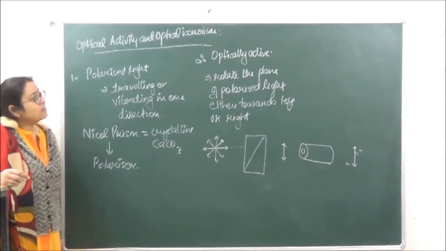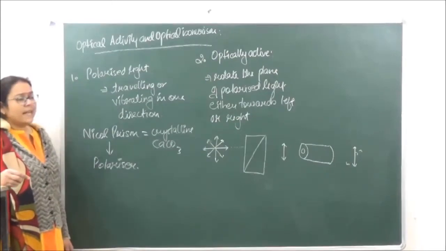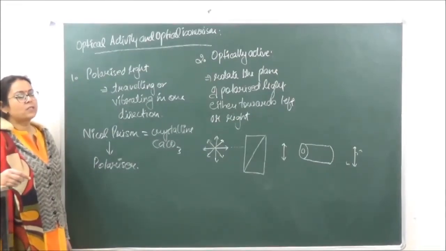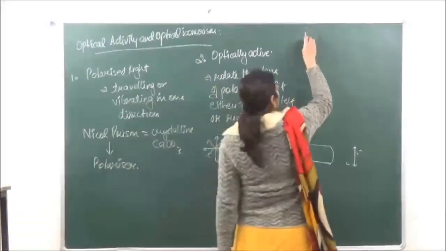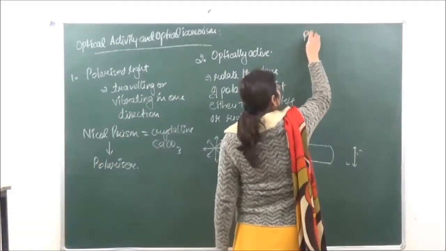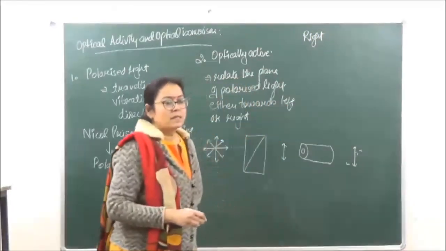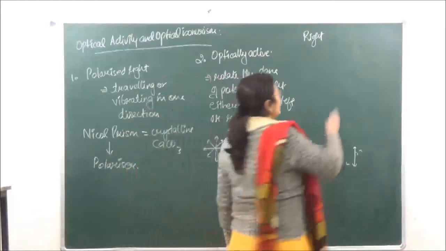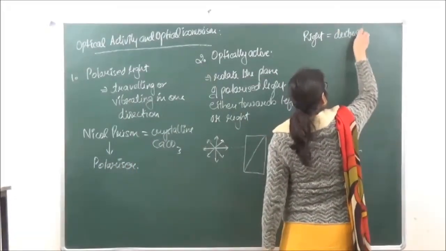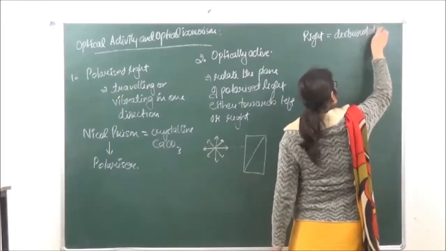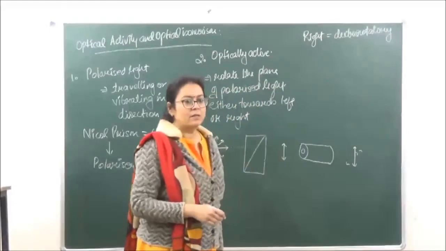Now as we said, the plane of polarized light can be rotated either towards left or towards right. All those substances which are rotating the plane of polarized light towards right are said to be dextrorotatory.